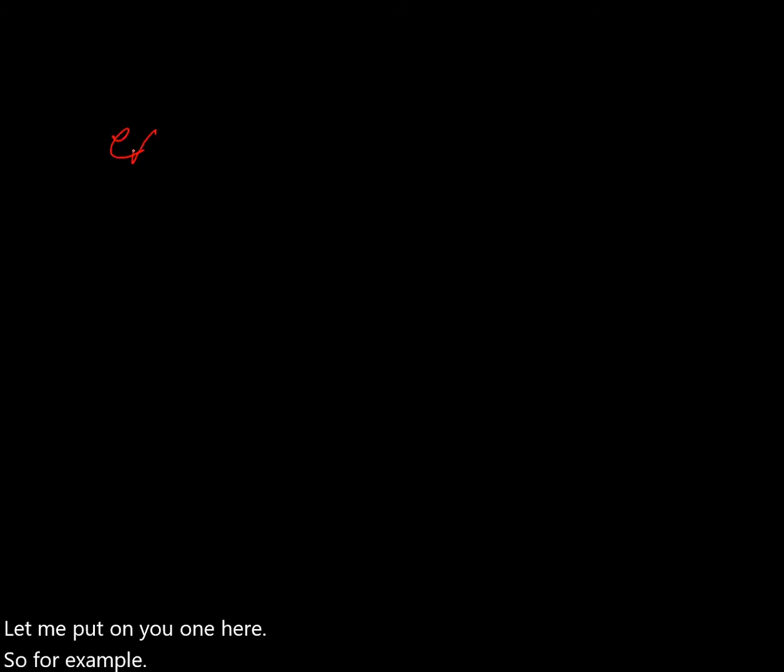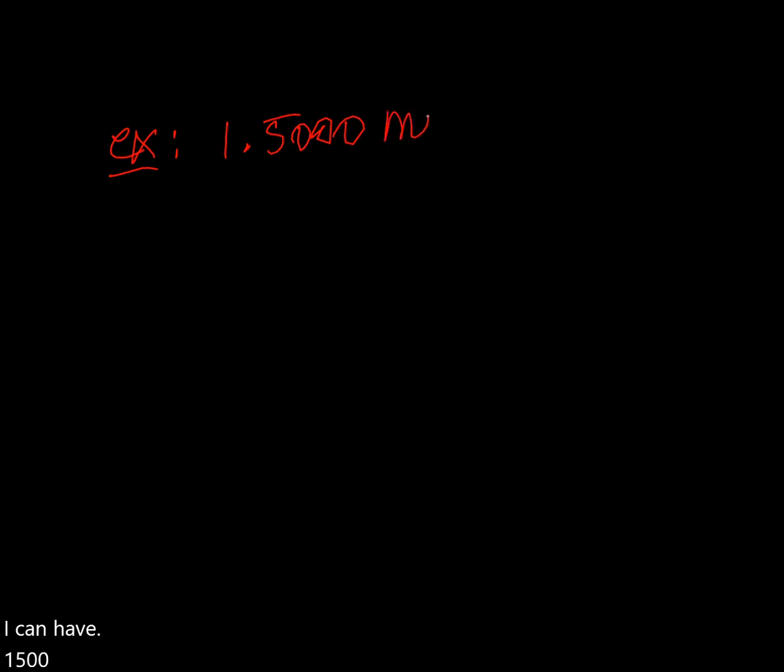For example, for trailing zeros, I can have 1.5000 meter. These three zeros are significant, so I have 5 significant figures.